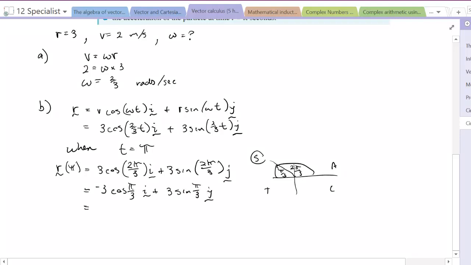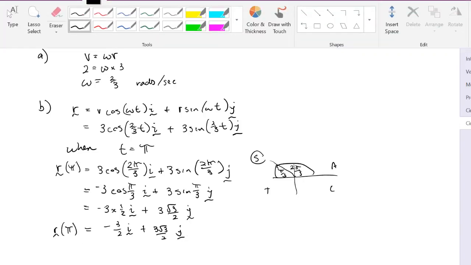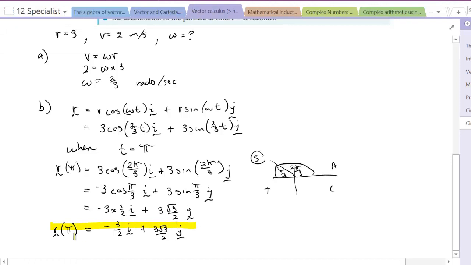Cos pi on 3 is 1/2, so we get negative 3 multiplied by 1/2 in the i direction. And sine pi on 3 is root 3 on 2, so we get 3 root 3 on 2 in the j direction. We're left with negative 3 on 2 i and 3 root 3 on 2 j. A good example of why you need to be fluent with your standard triangles.